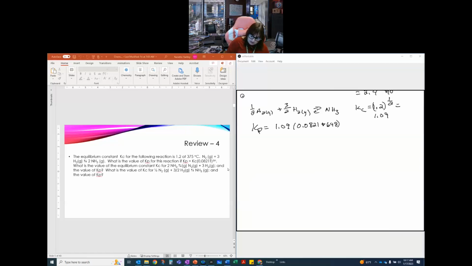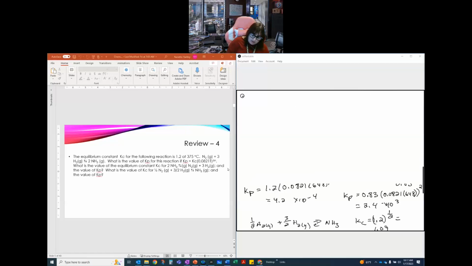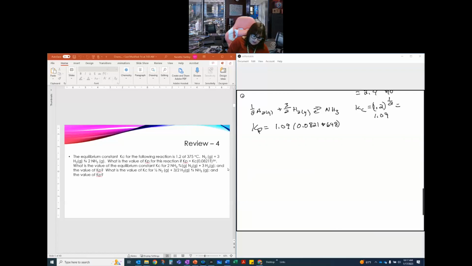Now our stoichiometry is a little bit different. For this equation, the moles of product that I have is 1. I'm subtracting from that 1/2 plus 3 halves, which is 4 halves, which is 2. So 1 minus 2 equals -1. Awesome.